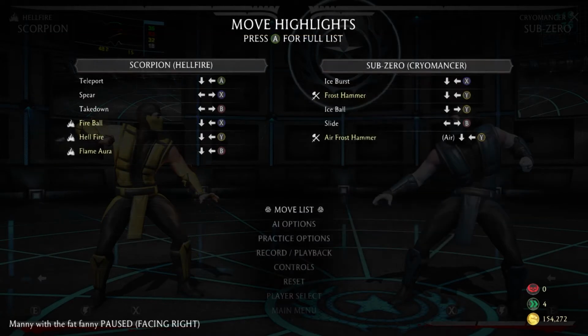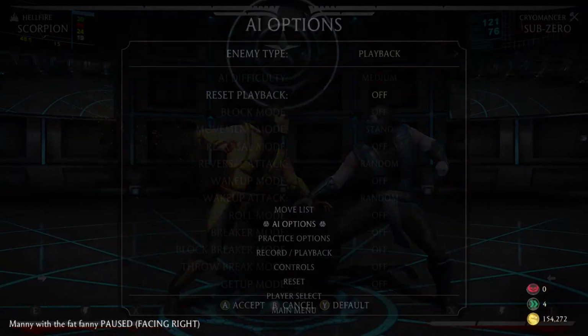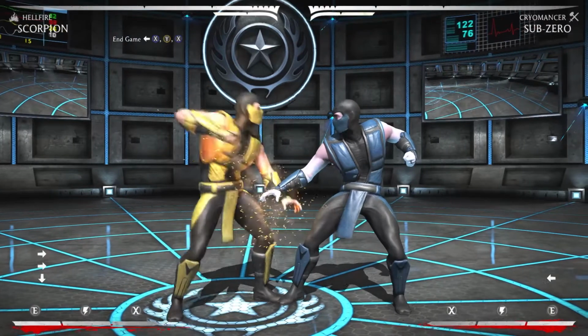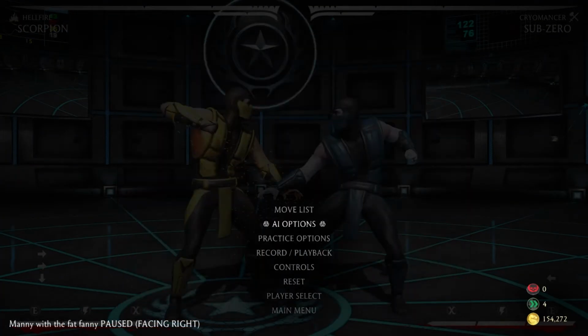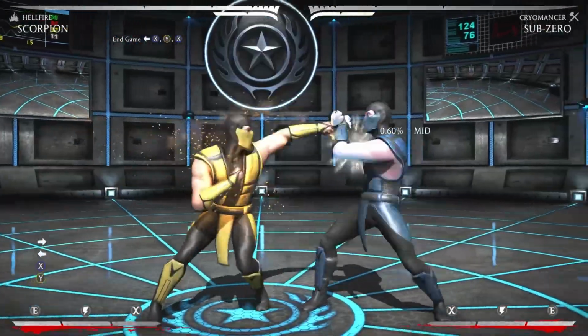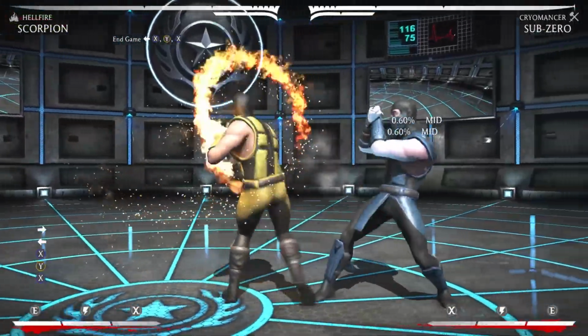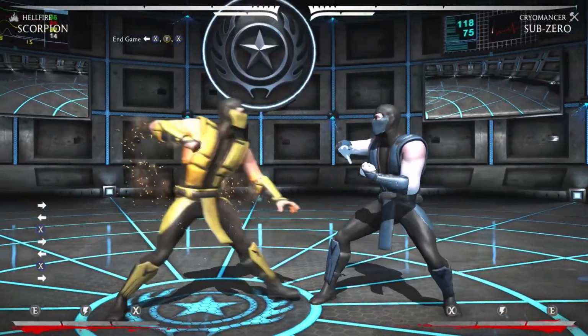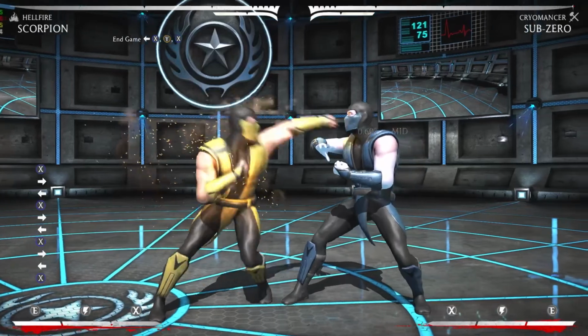They're all mids. So this is a good mid string to use because it's good on block and it's pretty fast. I mean, 11 frames, so if Scorpion did something that's 10 frames, that would beat me.